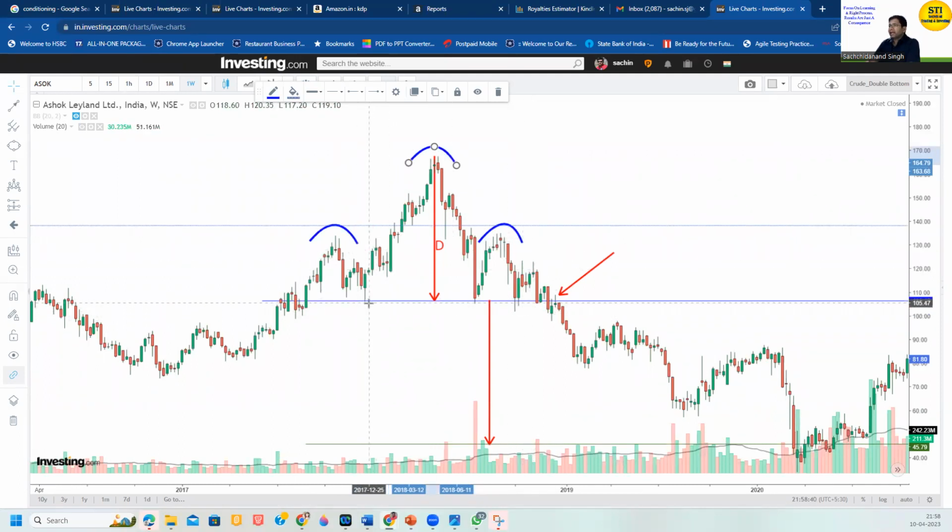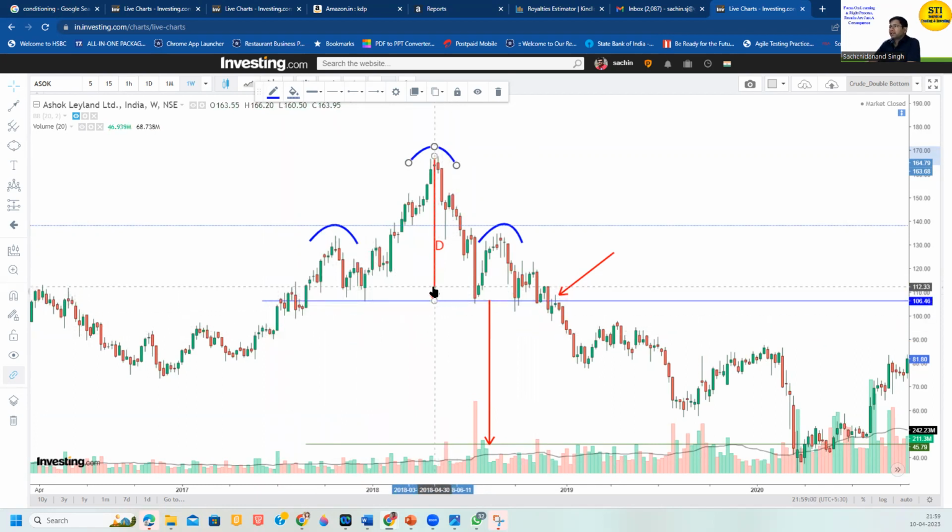To make the neckline, we need to identify one low within each shoulder, and if we draw a line connecting these two lows, that will make the neck of the head and shoulder pattern.